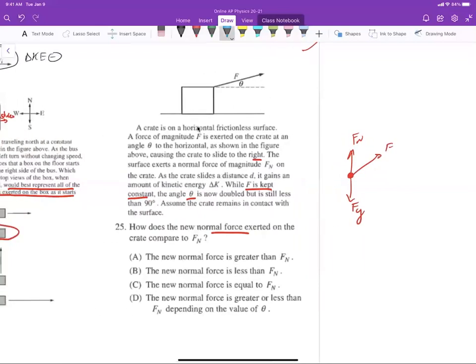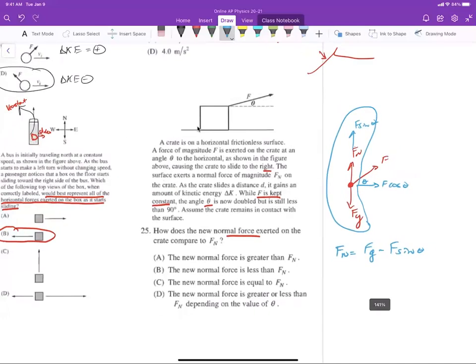So this is F cosine theta, and we have F sine theta upwards. We want to know what happens to force normal when I increase the angle. So I'm going to sum the forces in the y direction, set it equal to 0, and solve for force normal. I know that force normal is equal to Fg minus F sine theta.